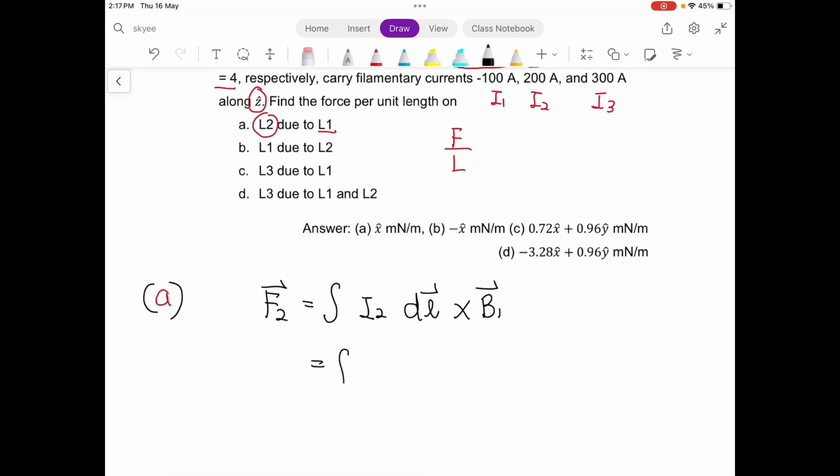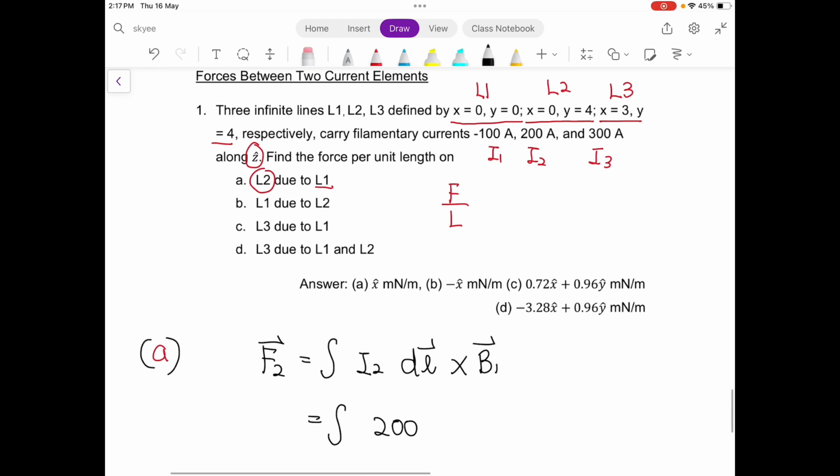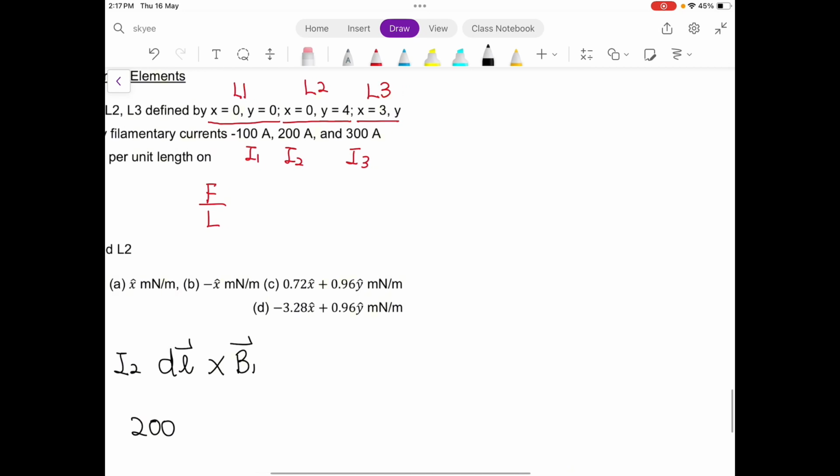So you can put it in. For I2 equals 200. I think I haven't drawn those lines yet, so let's draw it in the 3D diagram over here.